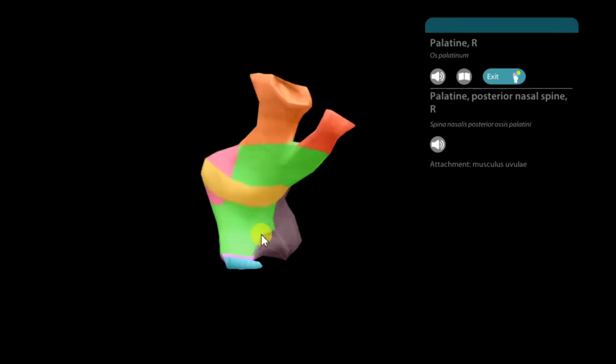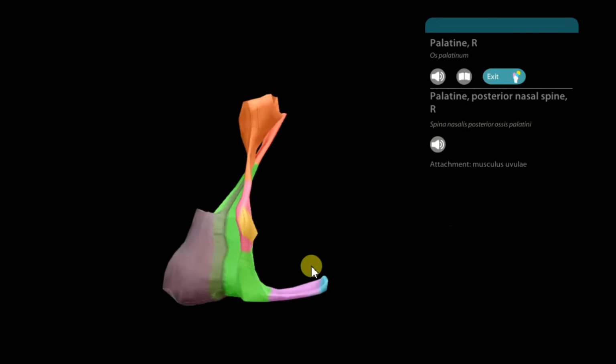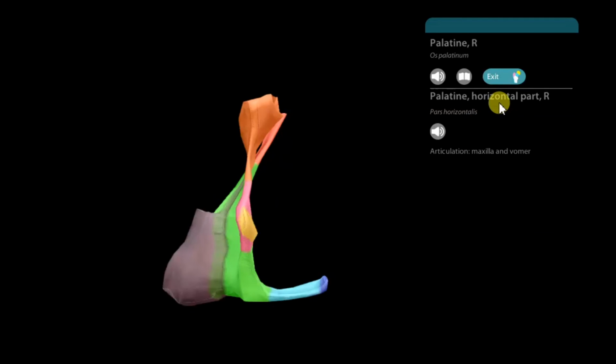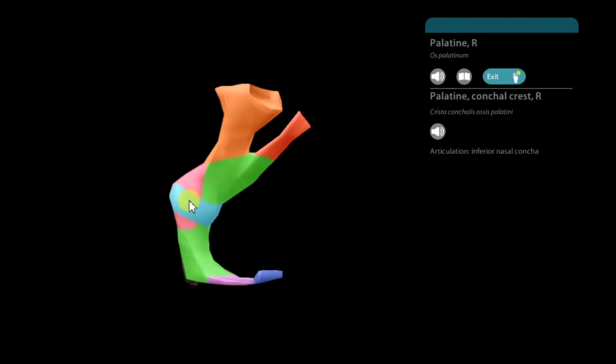Later we will see these muscles. And this is the horizontal plate, which makes the articulation with the maxilla. This one is the conchal crest, articulating with the inferior nasal concha. And the maxillary process and the palatine sphenoid process articulate with the sphenoid bone.